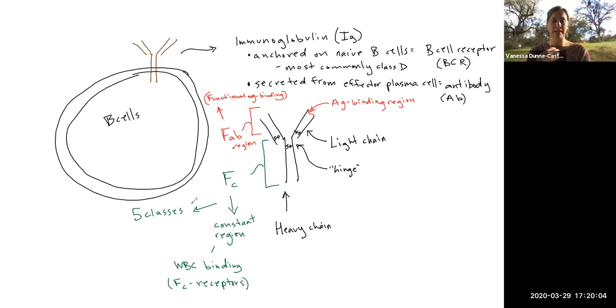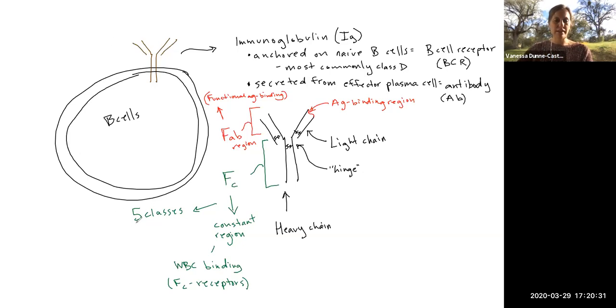For example, I study immunoglobulin class A because I study mucosal immunology, so stuff that's in the mucosa. Coronavirus, for example, is a mucosal pathogen, and it seems that the best antibodies to respond to that pathogen are immunoglobulin class A, because these are the only ones that can get out to that external region in the mucosa. IgA and immunoglobulin class M are the two mucosal antibodies.